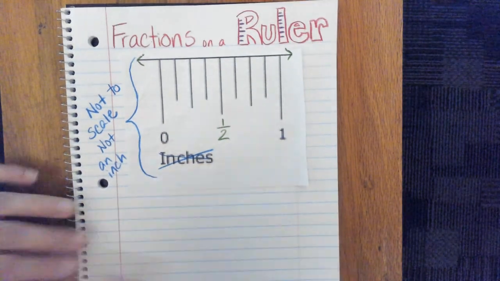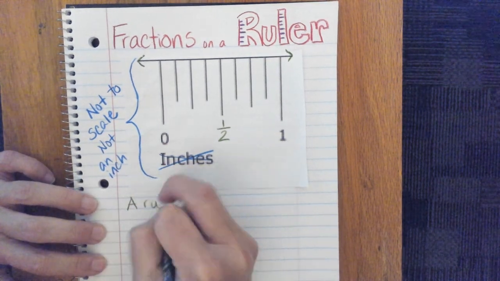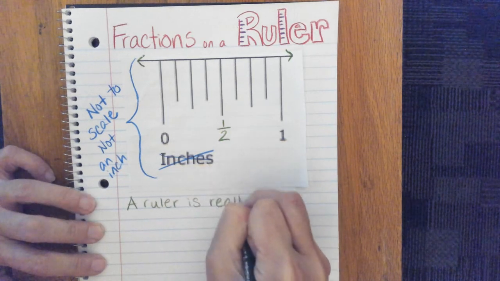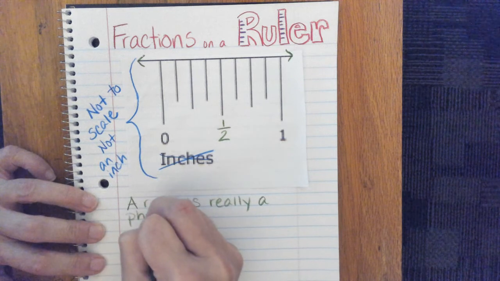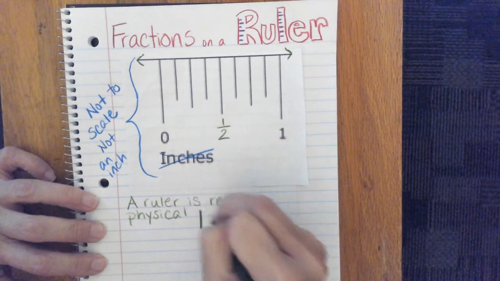So I'm going to write that for myself. A ruler is really a physical, like a real, you can touch it, physical number line.